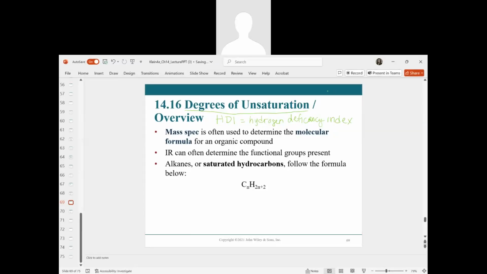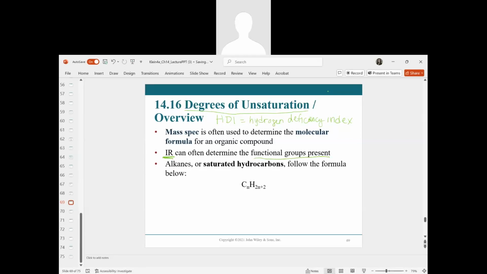So the HDI. Mass spectrometry, we know, can be used to determine a molecular formula, as IR can be used to determine the functional groups present in a compound.